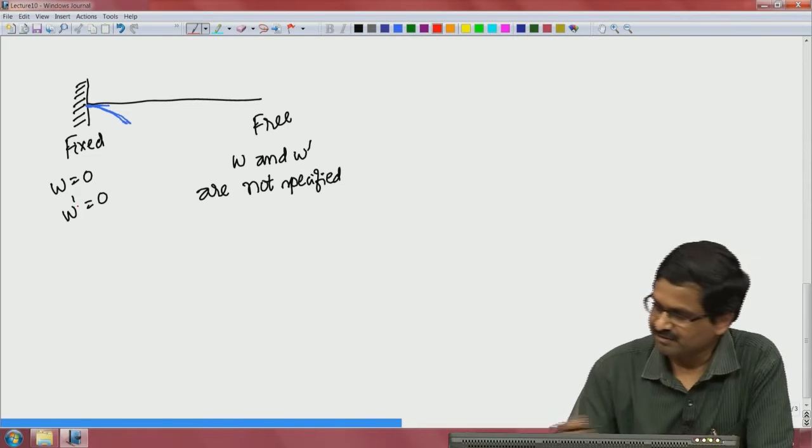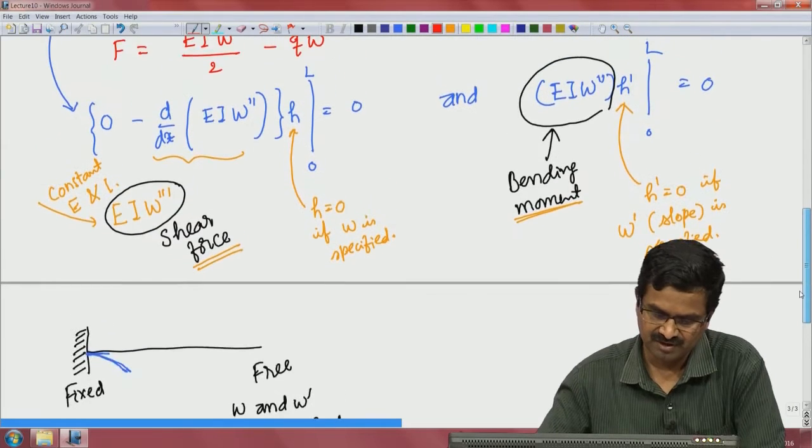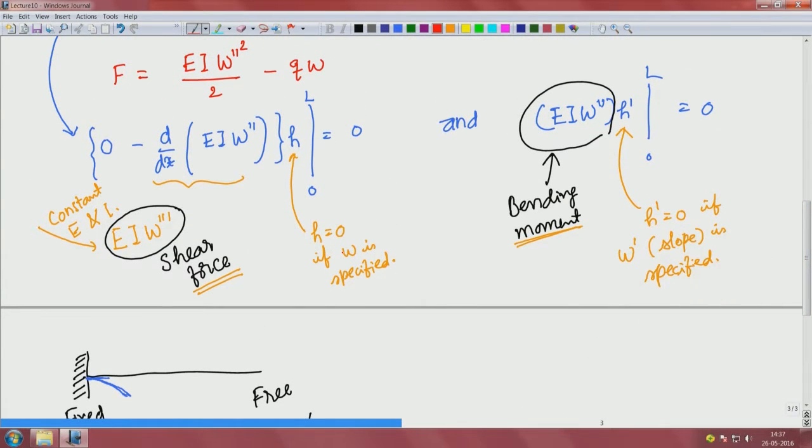That means that if we go back and look at what we have, when w is specified, equal to 0 in this case, the shear force need not be 0. It can also be 0 in special cases, in general not 0. Similarly, w prime, the slope, is specified for a cantilever beam over here, then the bending moment need not be 0. It can also be 0, but need not be 0. Okay.